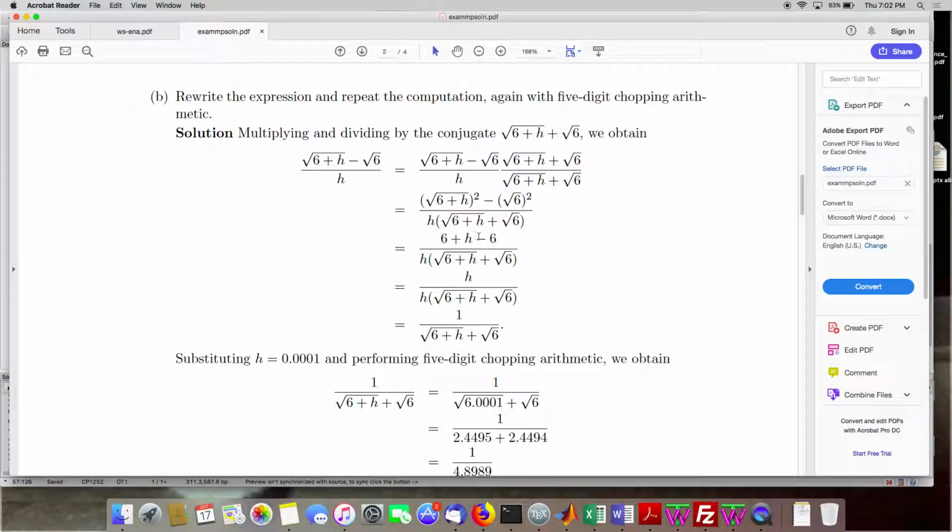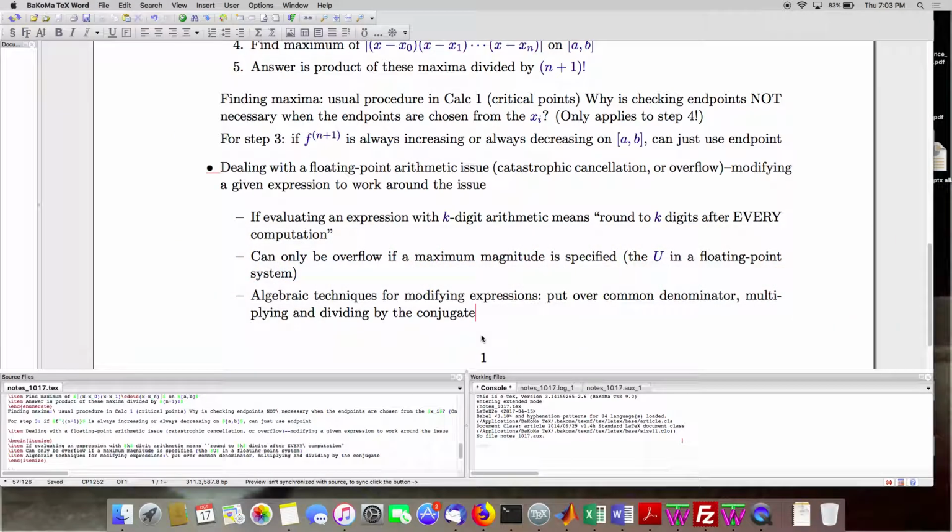Here the cancellation occurs on paper before you do any floating point arithmetic, so you're not going to have error resulting from it. Then simplify as much as you can. Now the subtraction that was a problem before becomes an addition that has no problem at all. That also came up in the homework for fixing the quadratic formula.